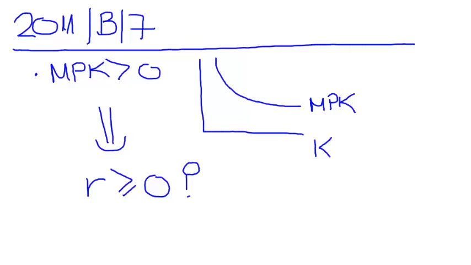Well, one useful way of looking at this would be to apply our user cost of capital definition, and if we abstract away from price changes for a minute and assume that the price of capital over time is going to be constant, then we can just write the marginal product of capital equal to the interest rate plus the depreciation rate.